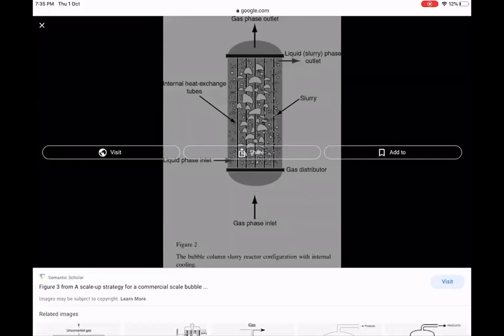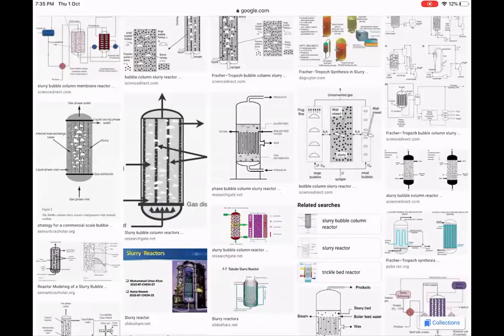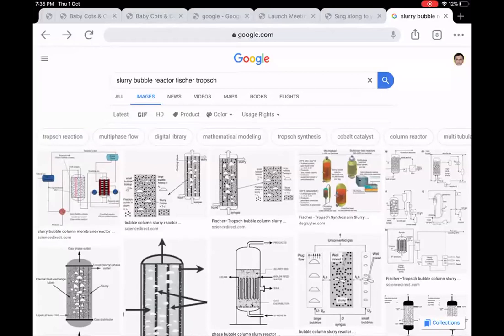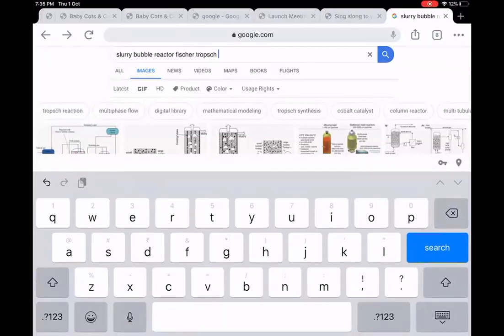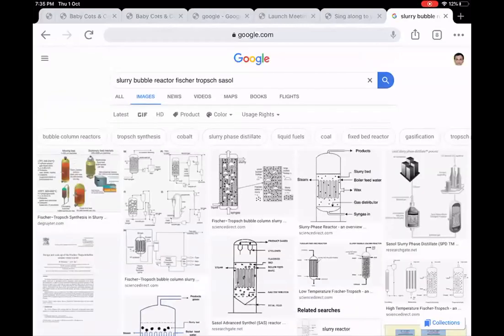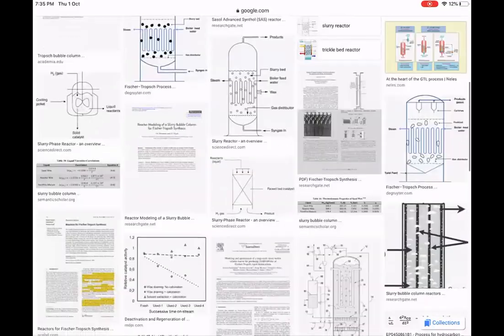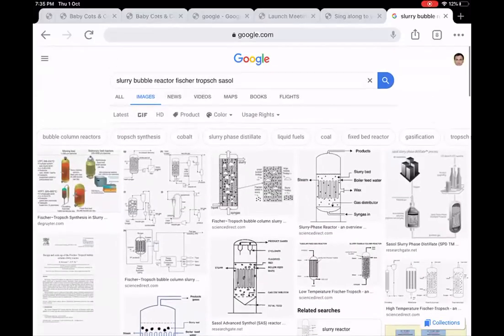Sasol is one company which makes Fischer-Tropsch gas oil on a bigger scale. So this is one type of reactor that you see.